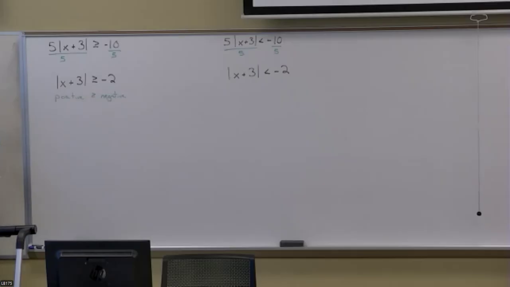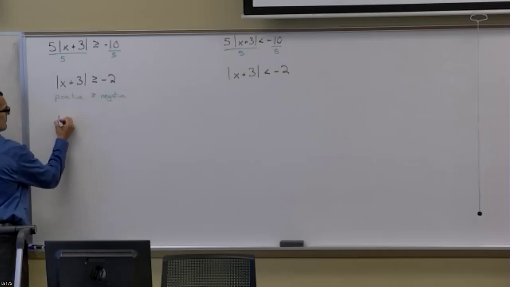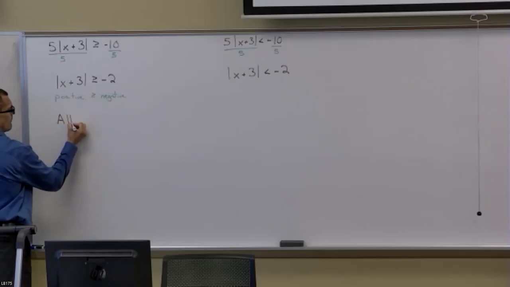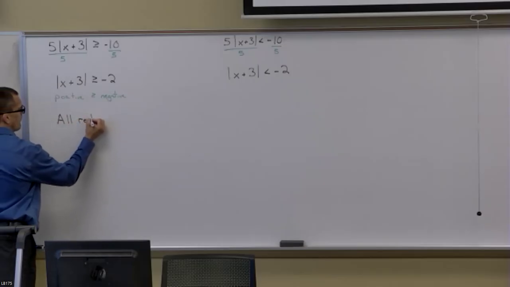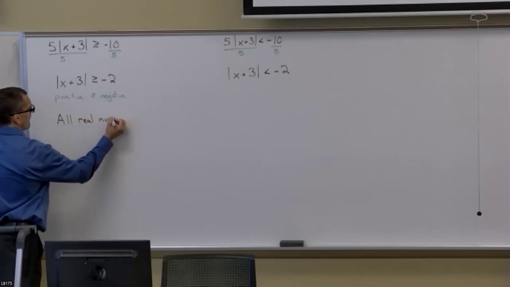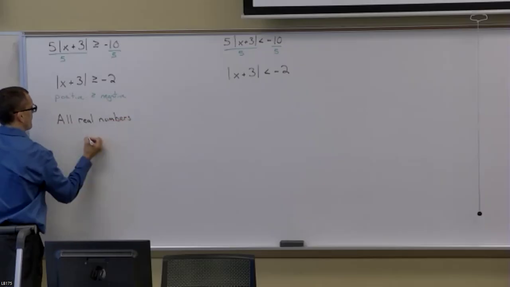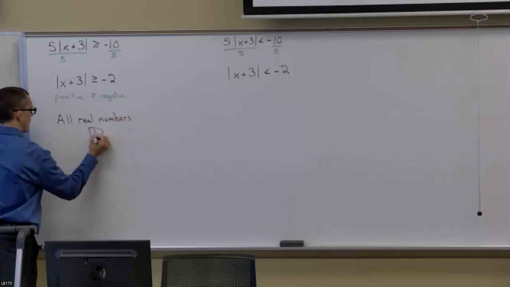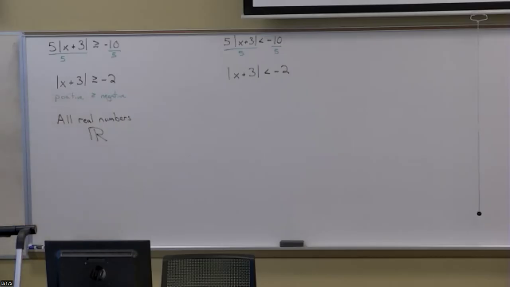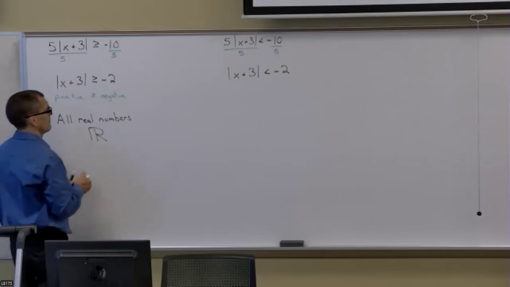So the solution for this one is all real numbers. Anything you plug in for x is going to give you a positive on the left-hand side, and that's always going to be greater than or equal to a negative. That's always true.